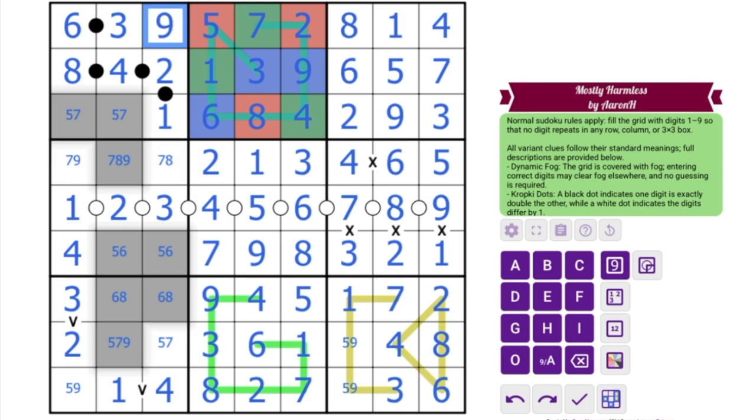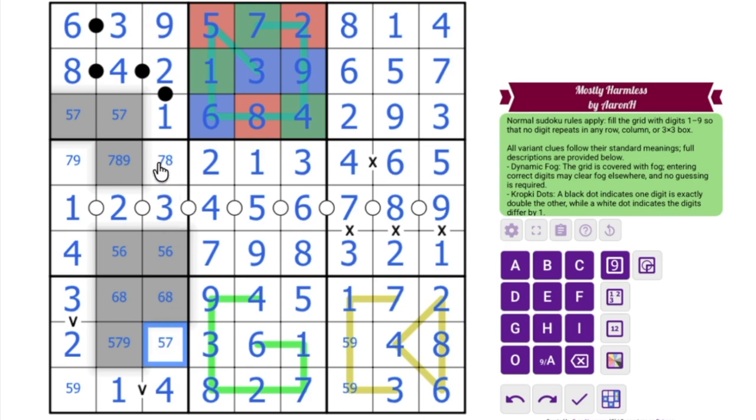We'll punch in this digit and you will notice some of the fog clears here, but it actually doesn't really provide us much new information. It just is sort of indicating that there's something interesting about these cells, and we'll take a closer look at them now.